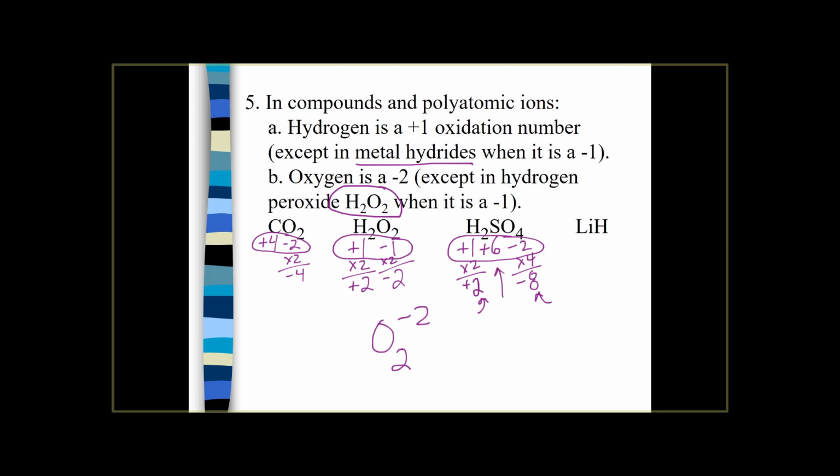And this next one, this lithium hydride, this is the exception to hydrogen, where it's not being a +1, where it's not losing an electron. So lithium is a +1. It's always a +1. So that forces hydrogen to accept that electron and be a -1.